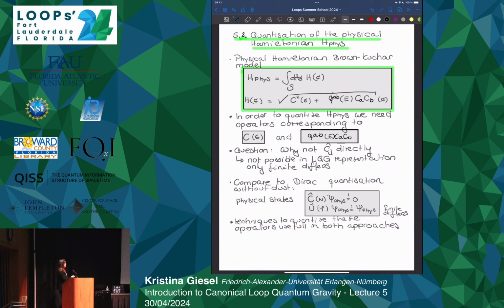And in principle, we also need to be able to quantize the second expression.